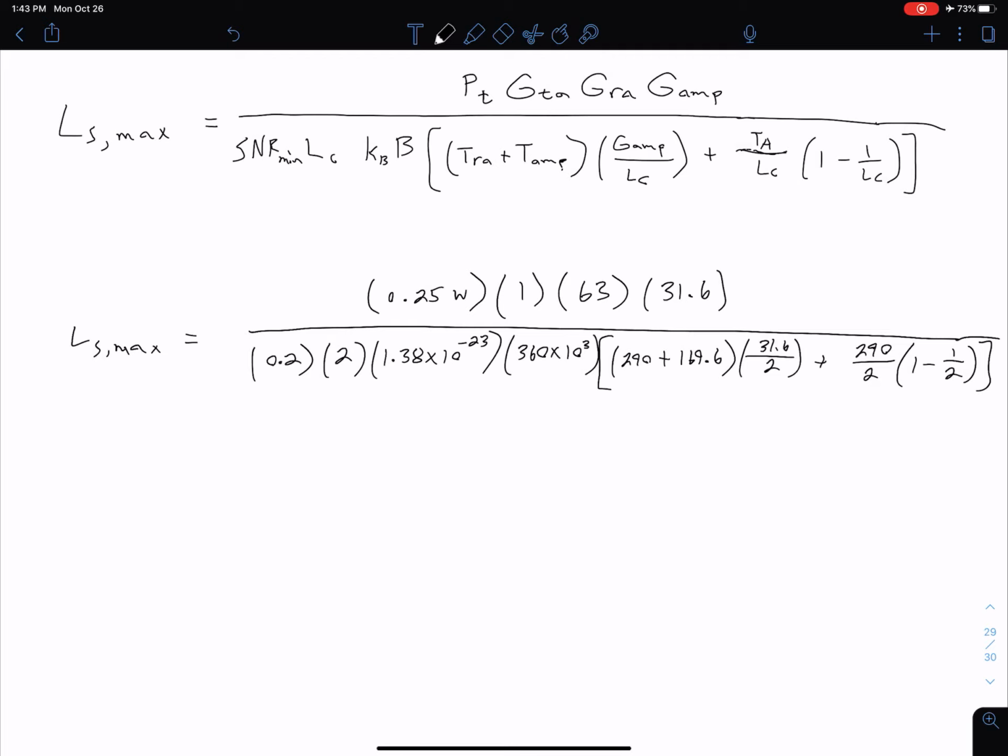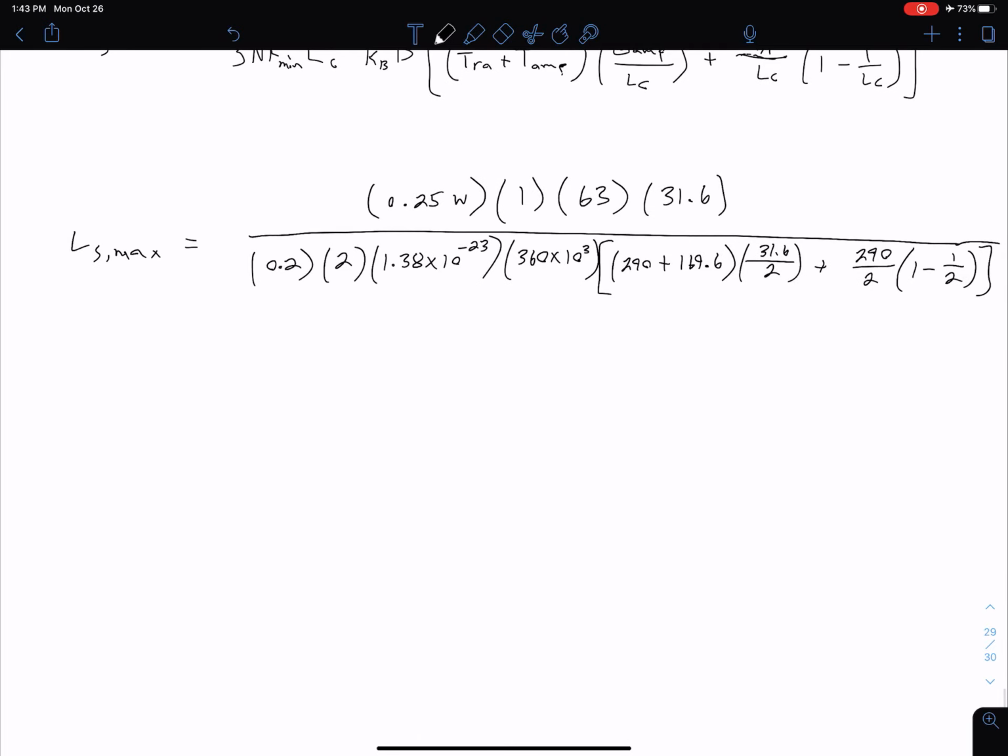Okay, so plugging all of that into our calculator, what we get is our LS max, our maximum allowable space loss, is approximately equal to 3.415 times 10 to the 16th. And so this is going to be a dimensionless value.